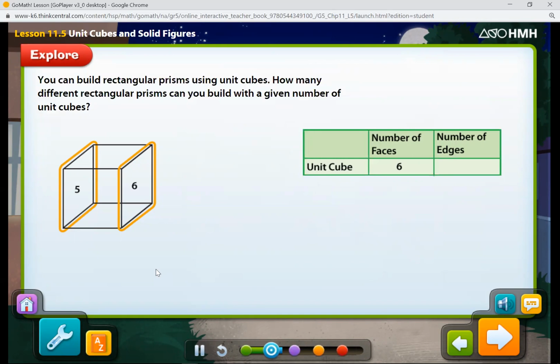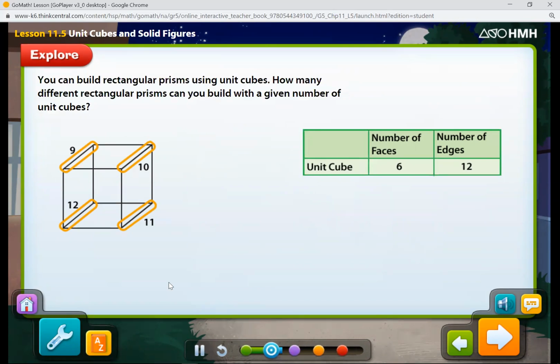All of its faces are congruent. How many edges does it have? It has 1, 2, 3, 4, 5, 6, 7, 8, 9, 10, 11, 12 edges.